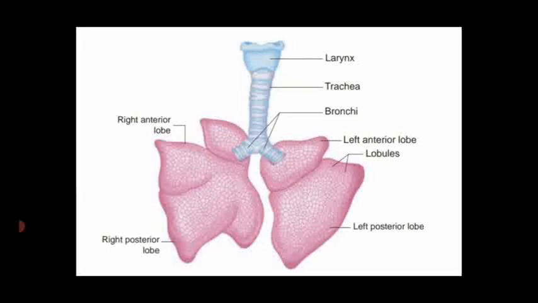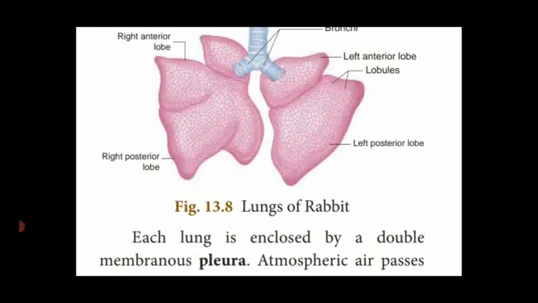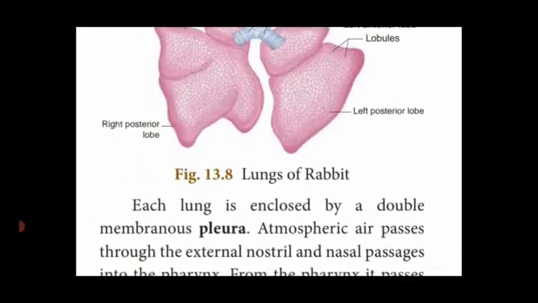Each one opens into one of the pair of lungs, left side and right side. Both lungs have two lobes: the right lung has an anterior lobe and a posterior lobe. Likewise, the left lung also has an anterior lobe and a posterior lobe. So this is the lungs of a rabbit.